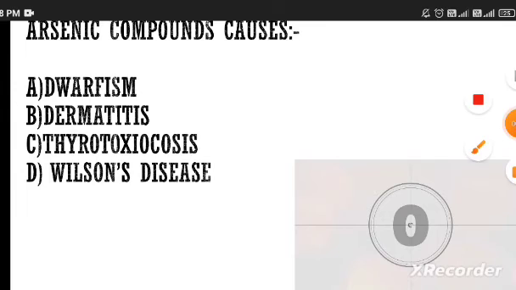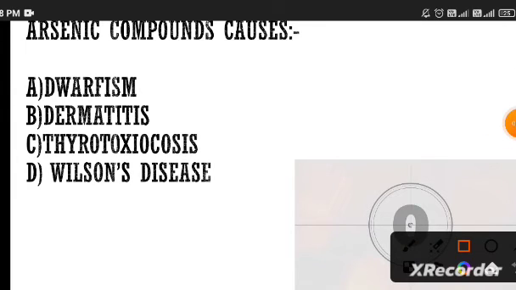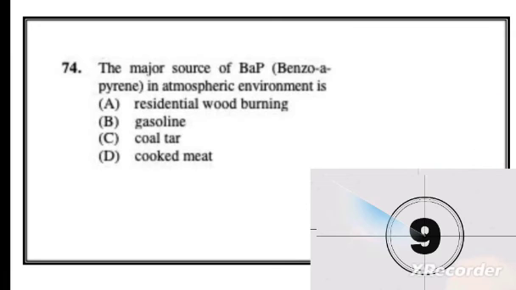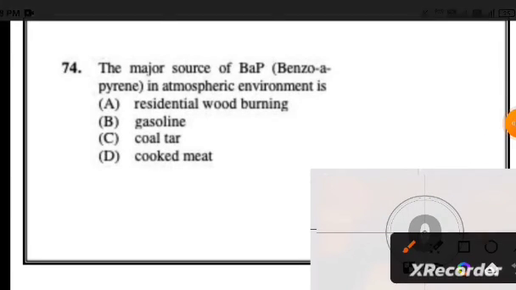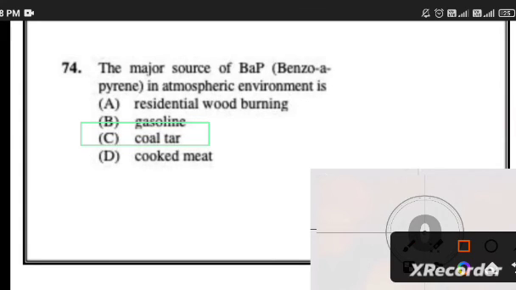And here the correct option will be option B, that is dermatitis. Last question is, which of the following is the major source of benzopyrene in atmospheric environment? And here the correct option will be option C, that is coal tar.